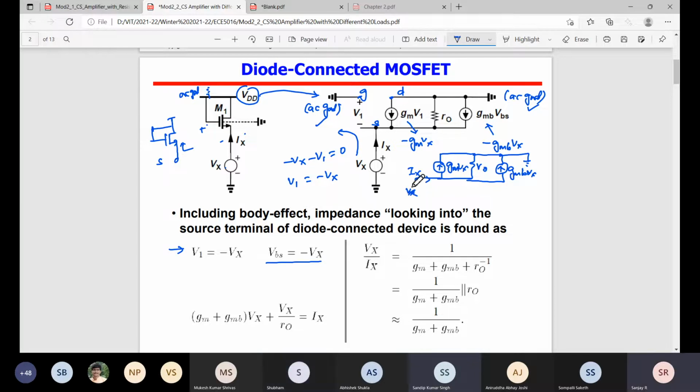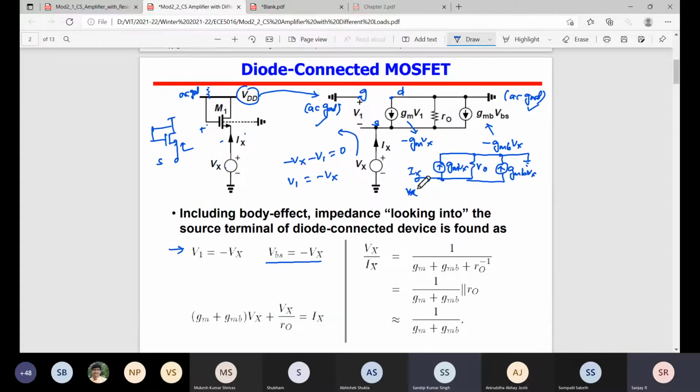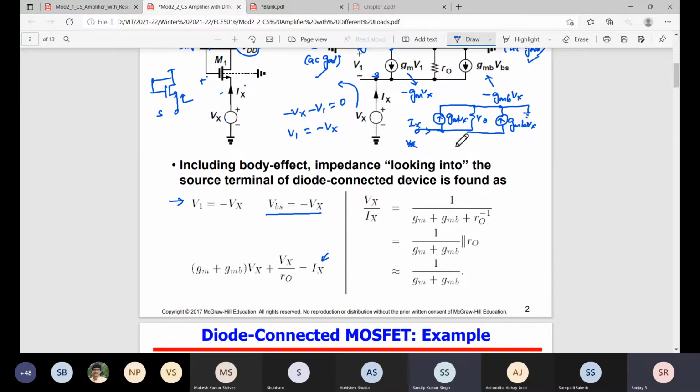Okay, thank you. So now we will apply nodal analysis here. What is nodal analysis? Current entering equals current leaving. What is the current entering? Ix. What are the currents leaving here? This current, this current, this current. The first is gm Vx plus gmb Vx, plus what is this node voltage?